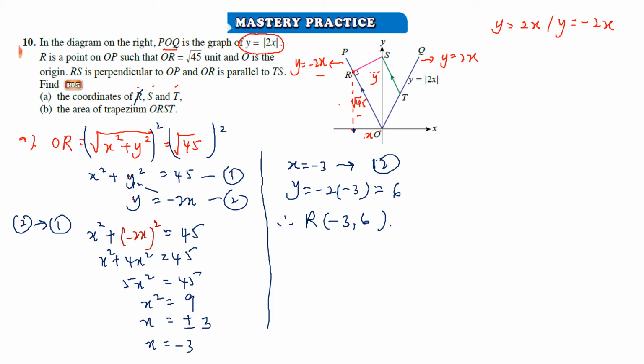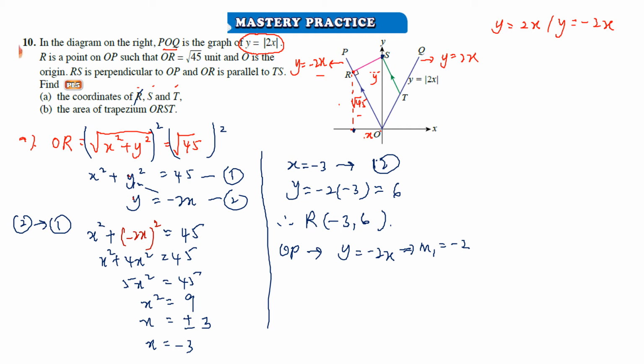Okay, so we have settled R. Now we look at S. Okay, S is perpendicular to OP. So from OP we can get the gradient, since the equation of OP is y equals negative 2x, which means that m1 is negative 2.